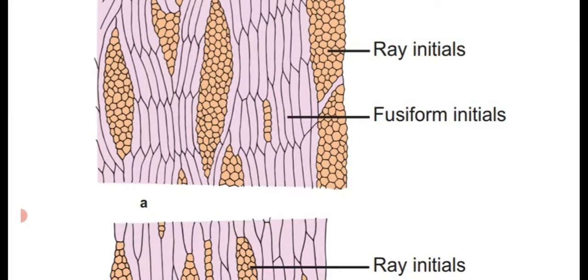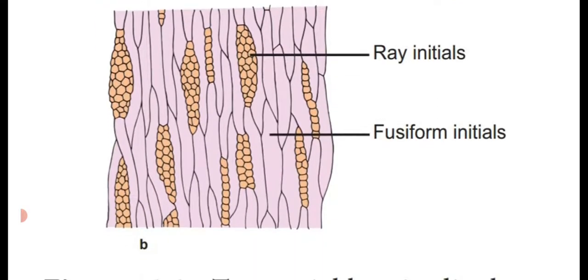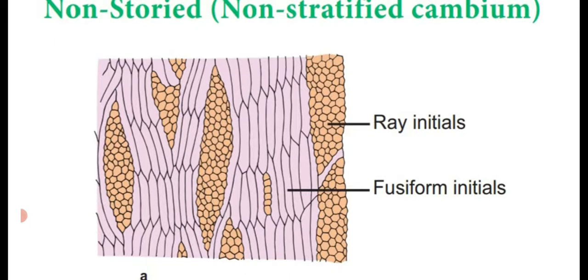See, at the base 1, then 2, then 3, then 4, like that. That type of cambium is known as storied cambium or stratified cambium.